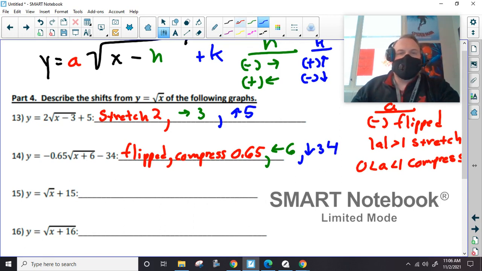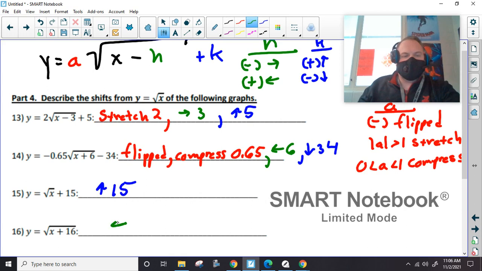Okay. Oh man, 15 is super hard. Up 15. And then this is left 16. Okay. You only have one question like this. I'd really pay attention to number 13. FYI, hint, hint, hint, wink, wink, wink. Okay. All right.